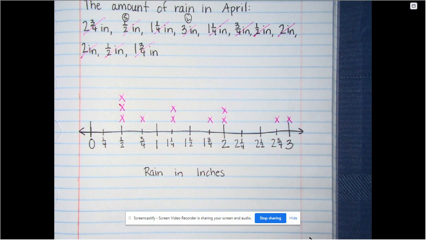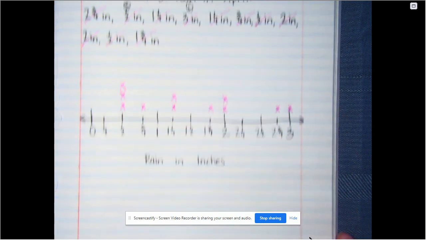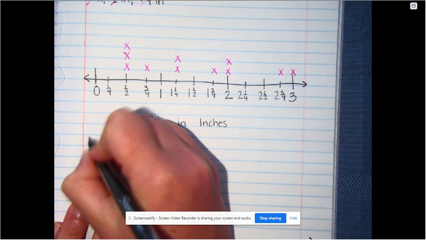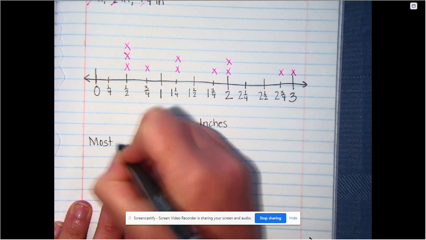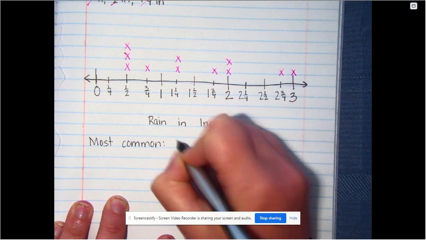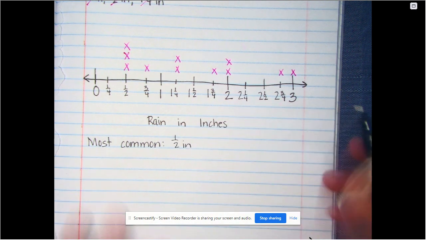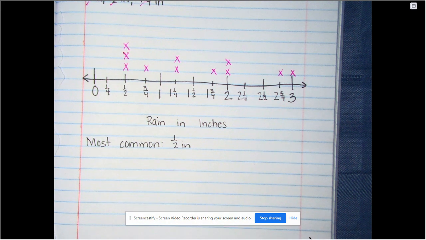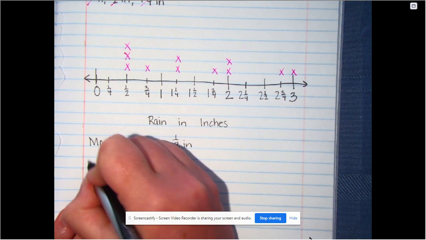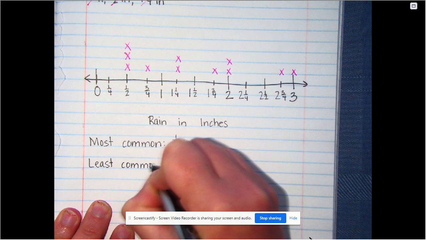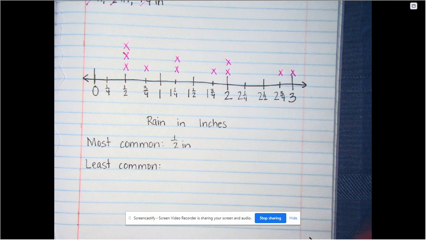Okay. So now when I'm looking, I can tell that most of the time it rained in April, we were getting one-half of an inch. And I can tell that because we have 3 X's representing 3 days where it rained half an inch. The least common, we could kind of answer this in a variety of ways.